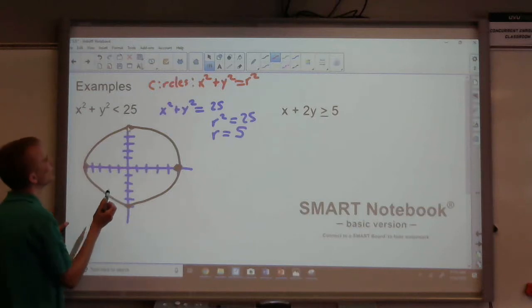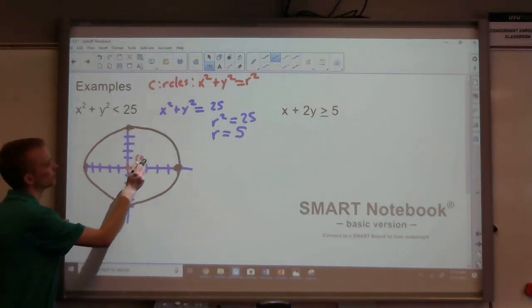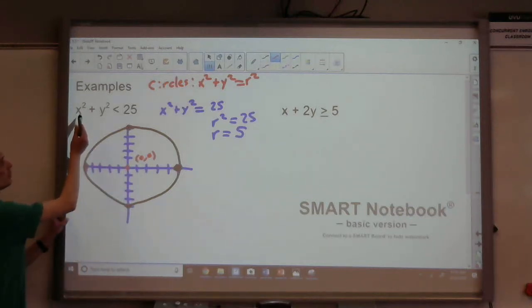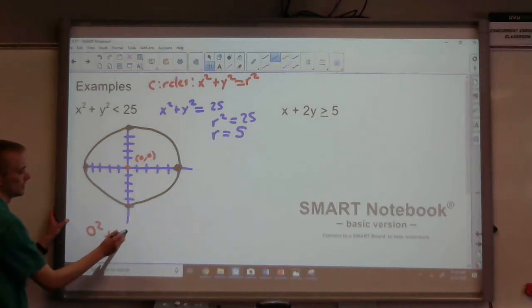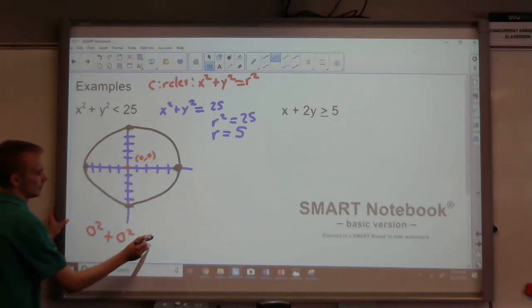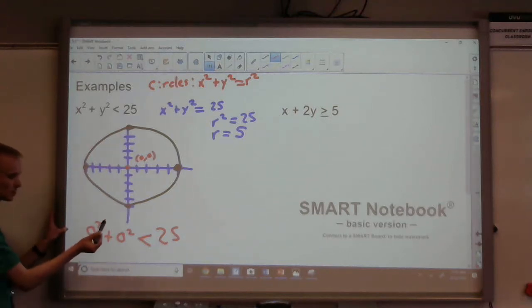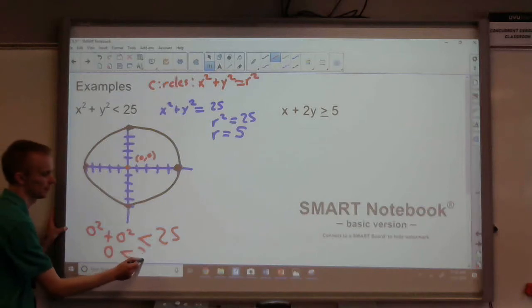So I'll plug in, I don't know, 0, 0, okay? Because that's on the inside. I can pick any point that I want that's not on the boundary. When I plug in 0 for x and y, I get 0 squared plus 0 squared is less than 25. That's just 0, is less than 25.